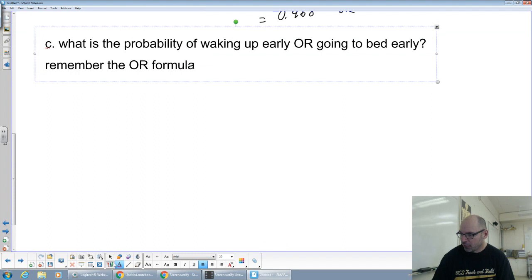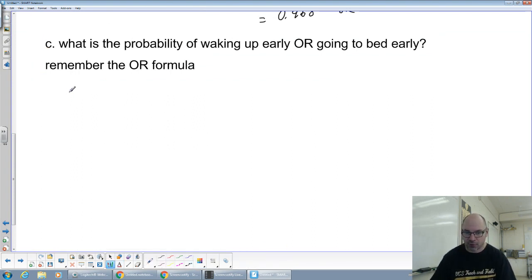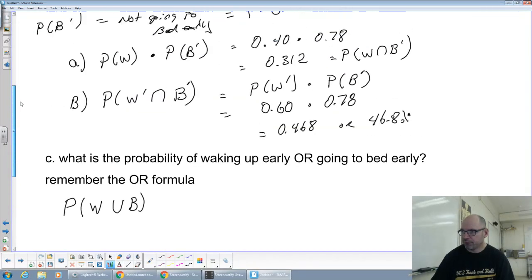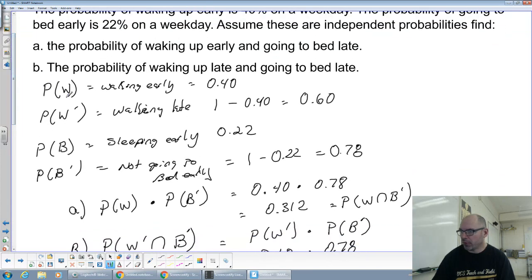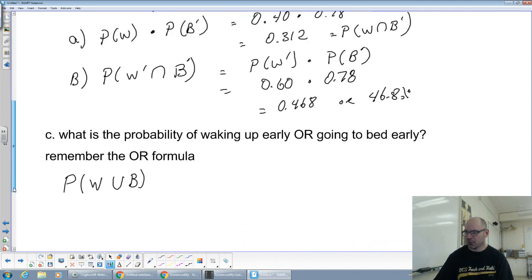So if we remember the OR formula, the probability of waking up early or going to bed early, sleeping early. These two. Or is the union of the two.